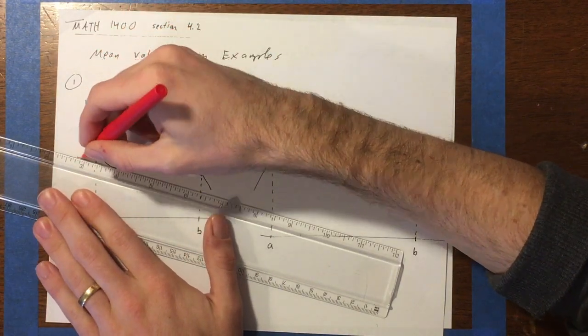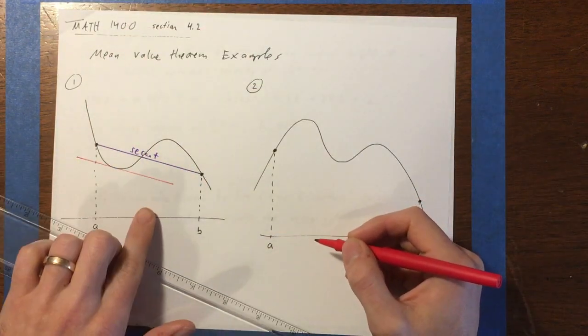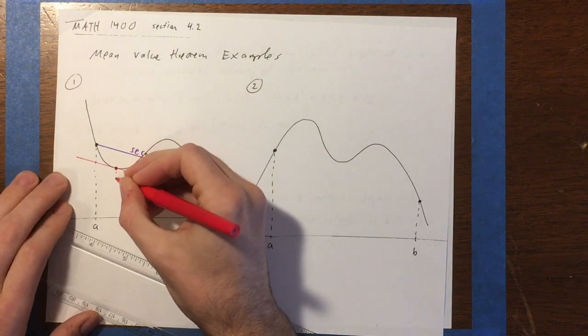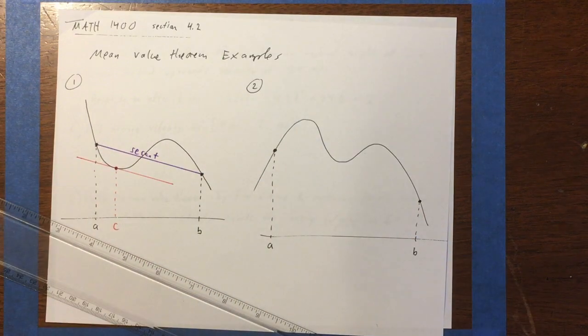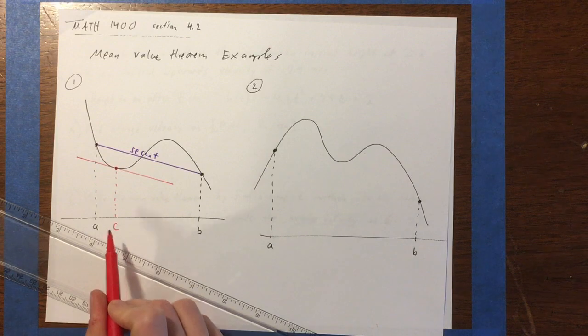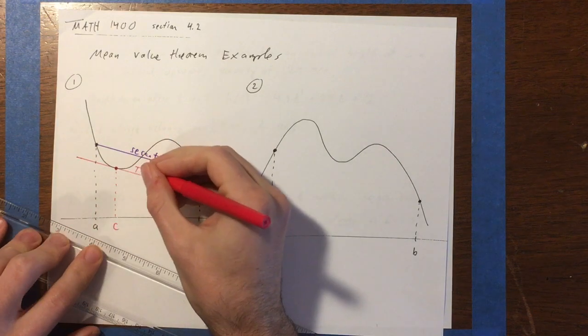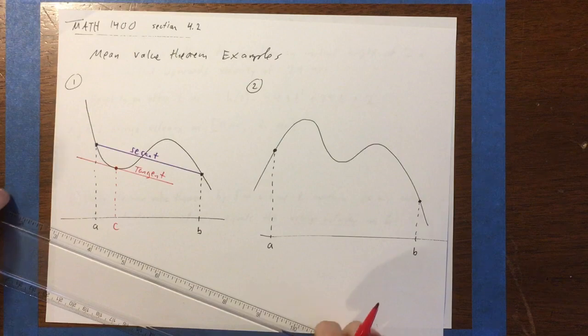So I've got a line parallel to my secant line, with the same slope, and the point of tangency is right here. That is one value C, where the instantaneous rate of change is the same as the average rate of change on this interval. In other words, the tangent slope is the same as the secant slope.